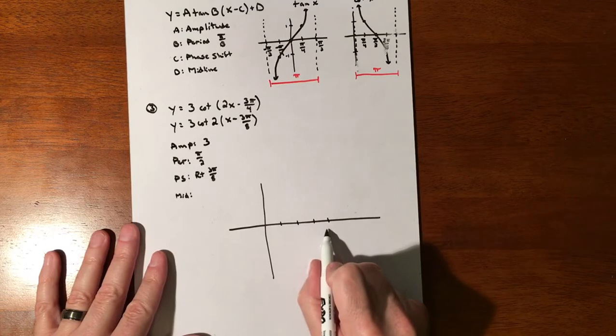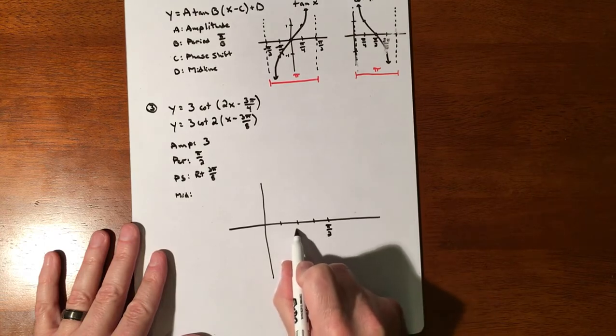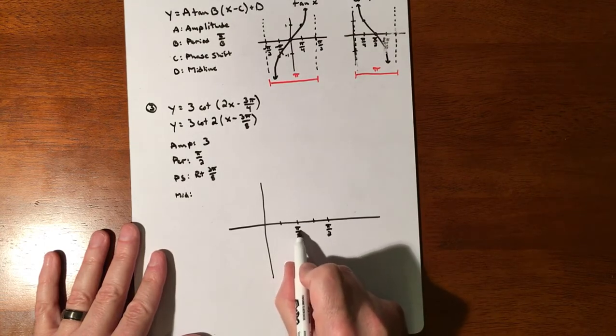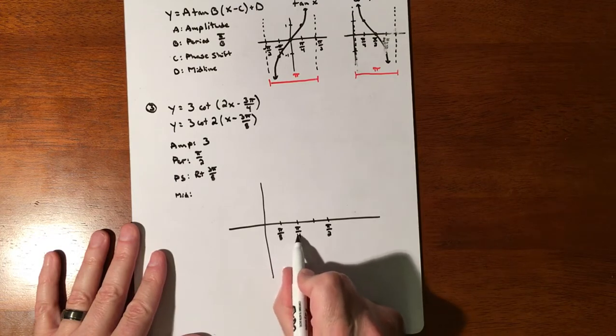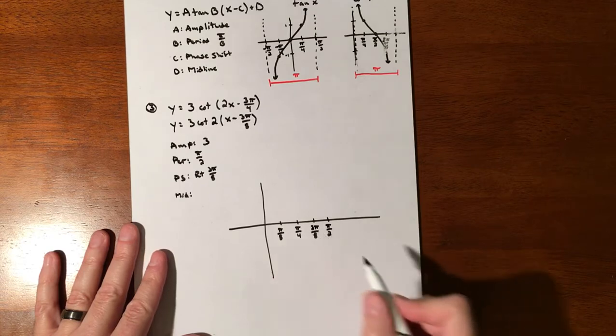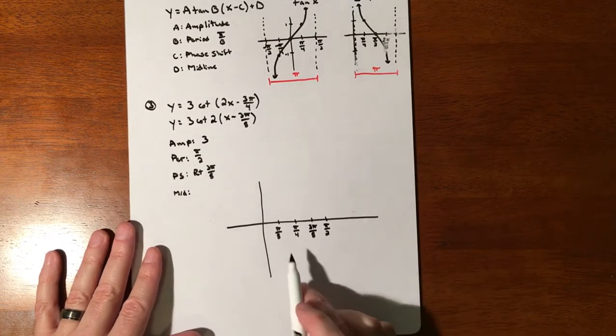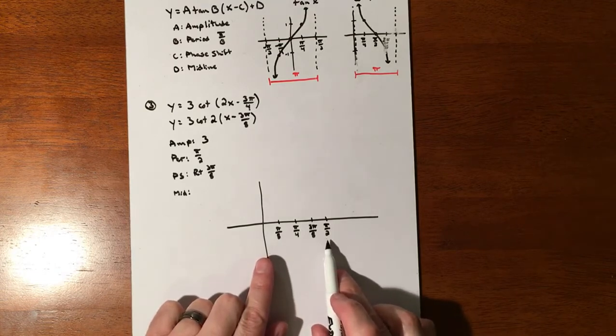So that is going to be pi over 2. And then we'll cut it in half, which will be pi over 4. Cut it in half, pi over 8. So that's 1/8, 2/8, 3/8.